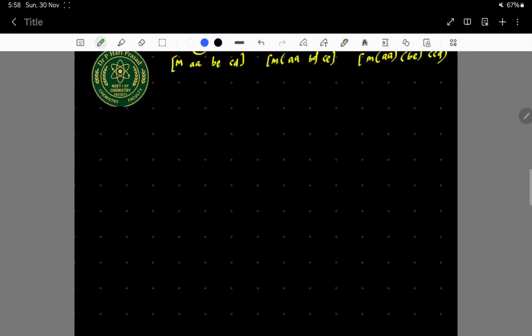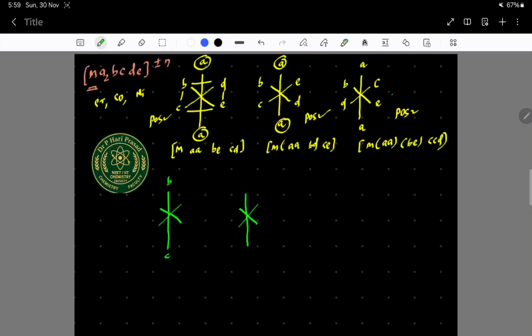Now the remaining possibilities, students, I will arrange these ligands. B₂C and one more arrangement I can write, students. So simply you can arrange B₂C, then B₂D and B₂E.